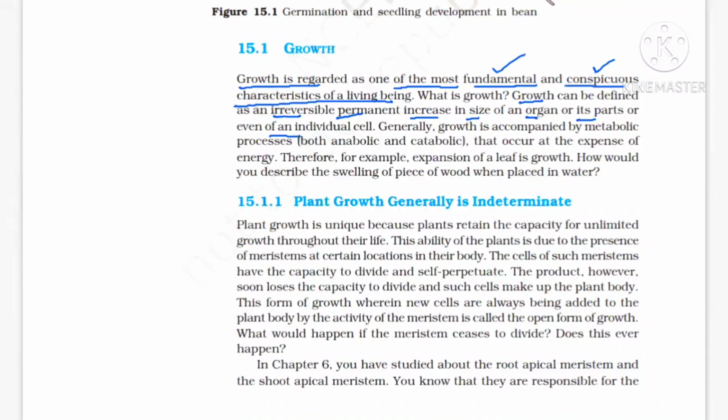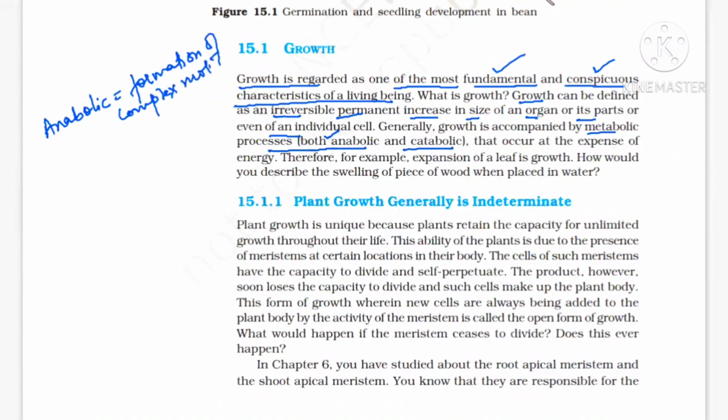So growth is actually because of metabolic processes, and the metabolic processes are of two types, anabolic and catabolic. Anabolic means making, synthesizing the complex from the simple. So anabolic means formation of complex molecules from simple ones.